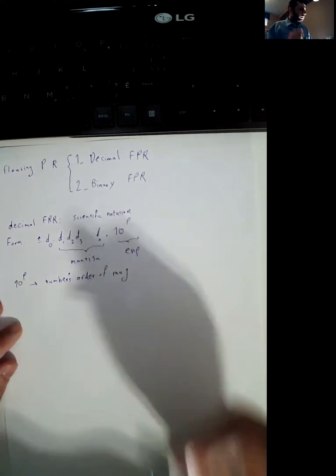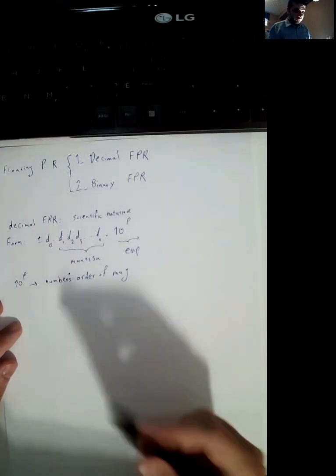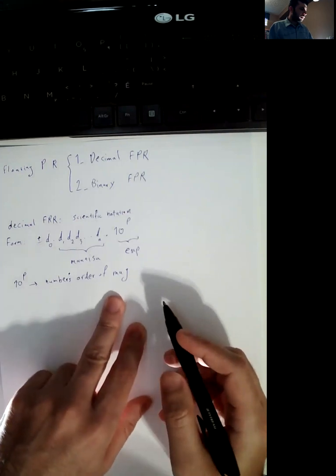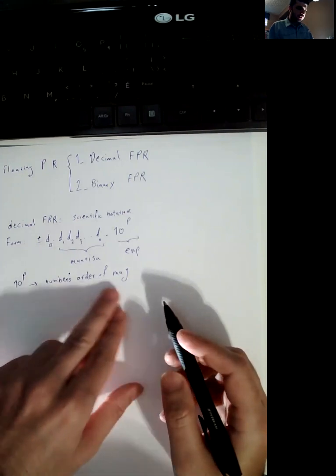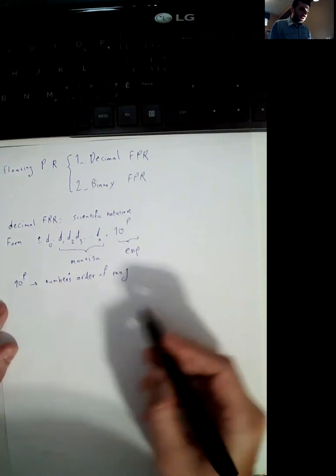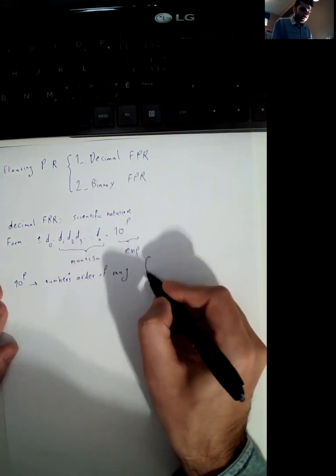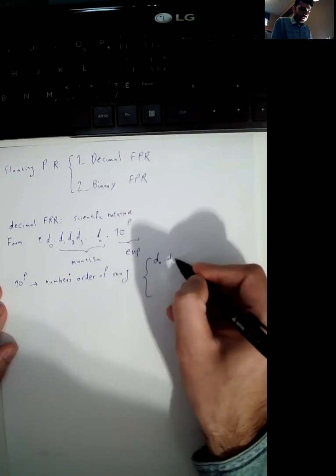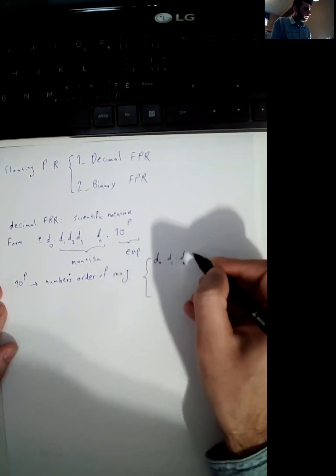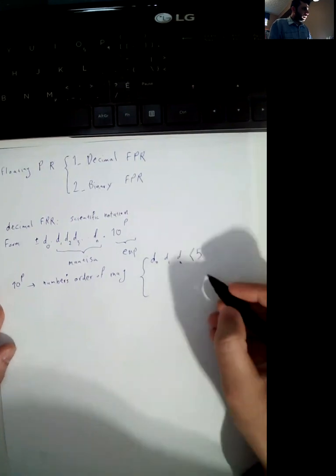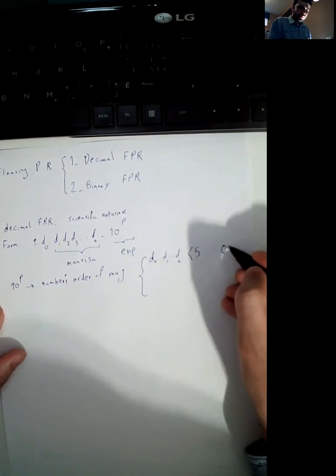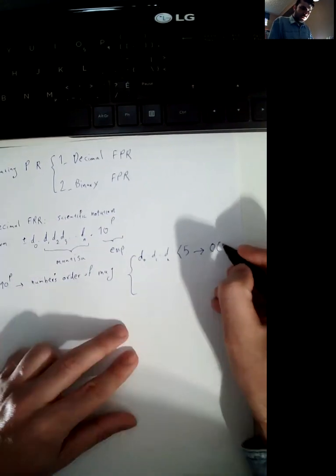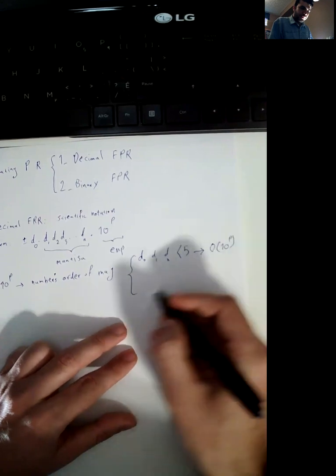Let's see an example. I also want to mention that for the number's order of magnitude, we have two cases. If t0.t1...tn is less than 5, then the order of magnitude is shown by 10 to the power of p.